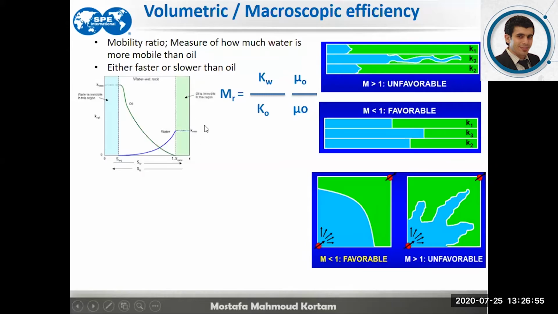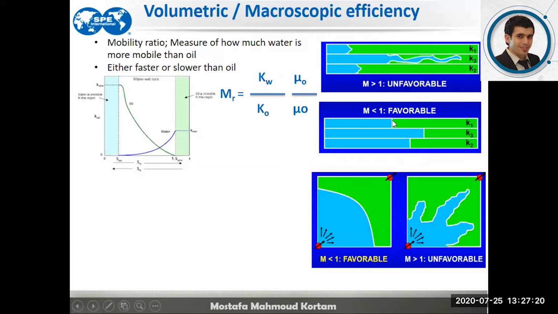The mobility ratio simply is a term that measures how much more mobile water is than oil. It can be faster than oil, in the case where the mobility ratio is greater than 1, and it might be slower than the oil, where the calculated mobility ratio is less than 1.